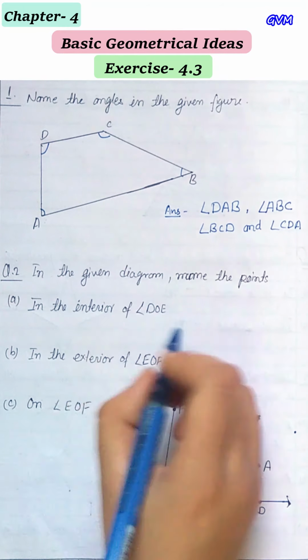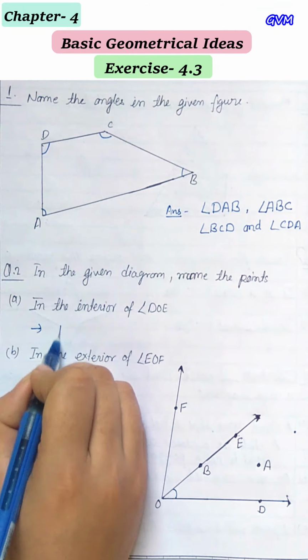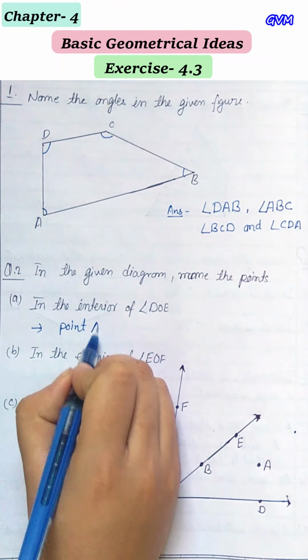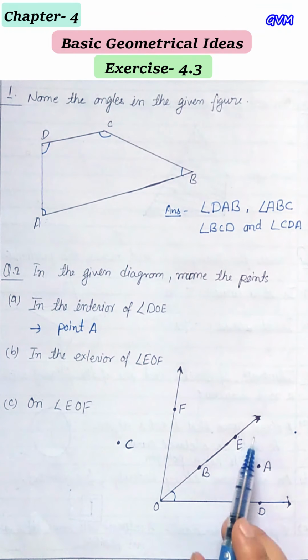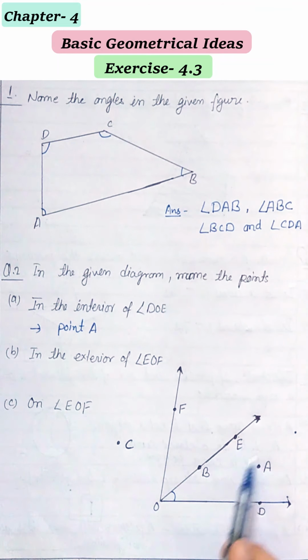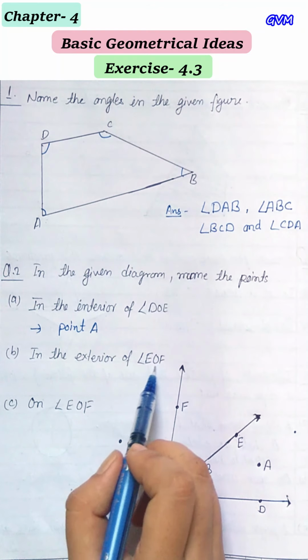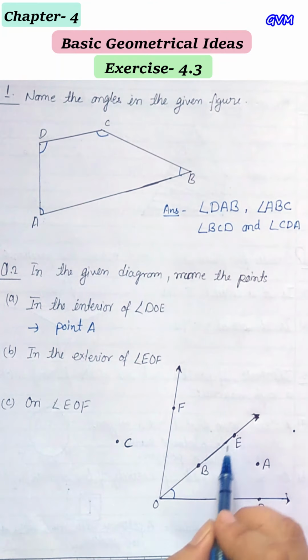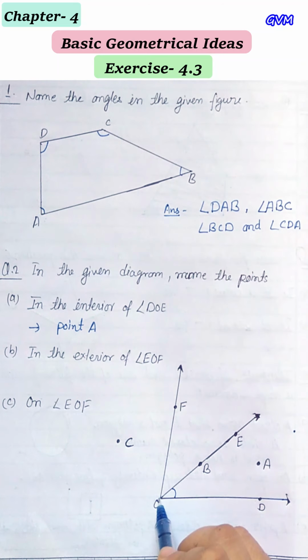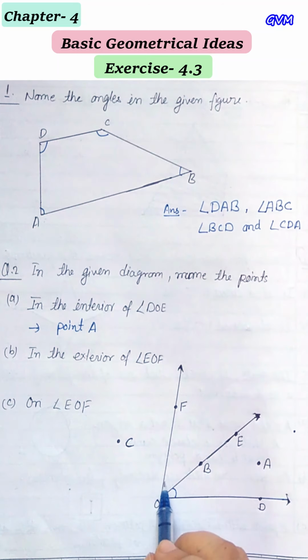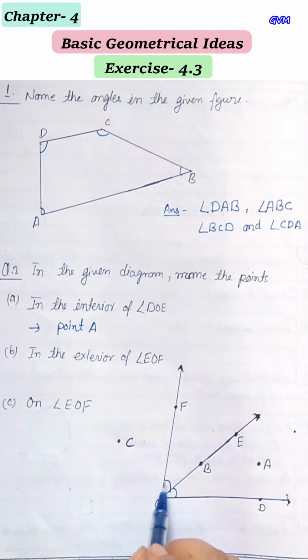So what is the answer? Answer will be point A. In the interior of this angle, this point A is here. Now B part: in the exterior of angle EOF. So let's find out EOF. This is point E, O and this is F. That means the question is talking about this angle.